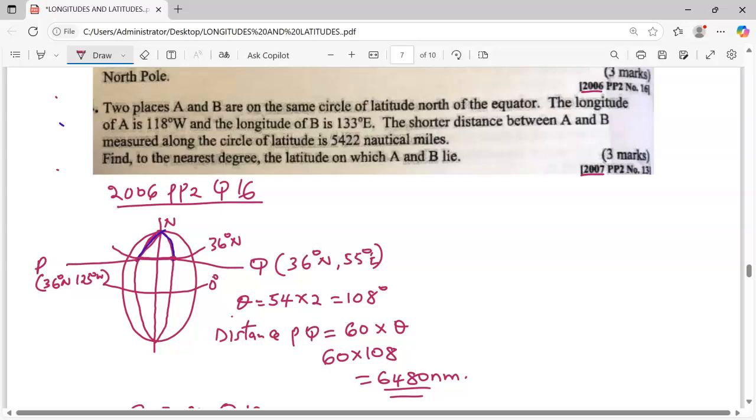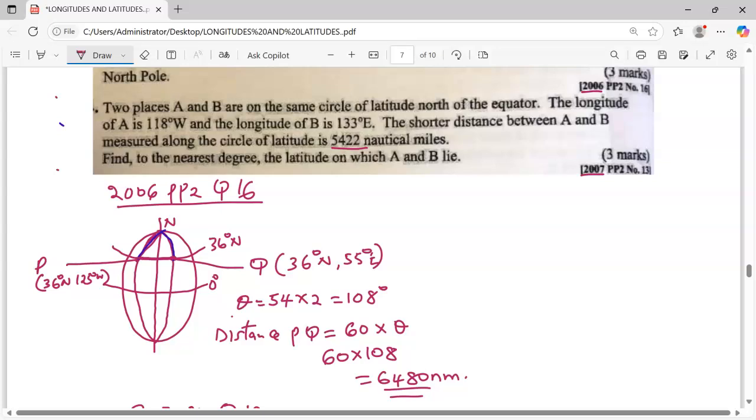The longitude of A is 118 degrees west and the longitude of B is 133 degrees east. The shorter distance between A and B measured along the circle of latitude is 5422 nautical miles. Find to the nearest degree the latitude on which A and B lie.